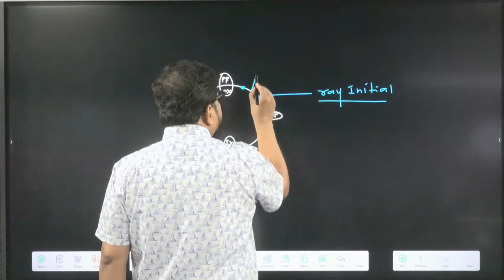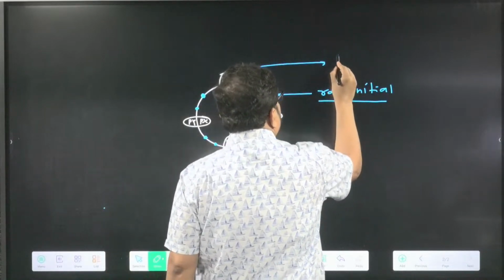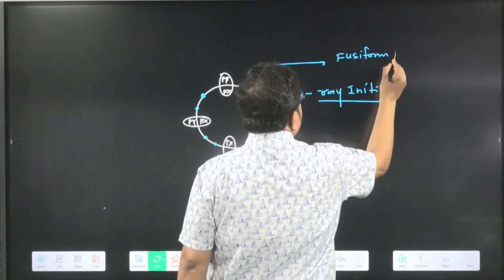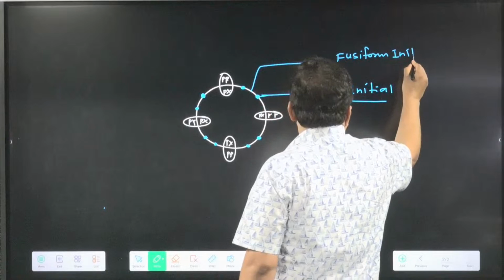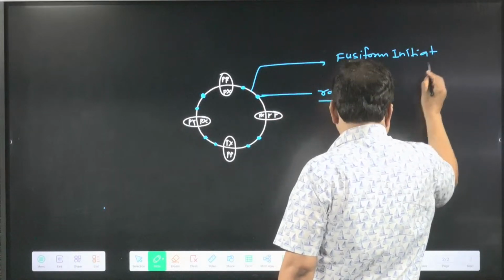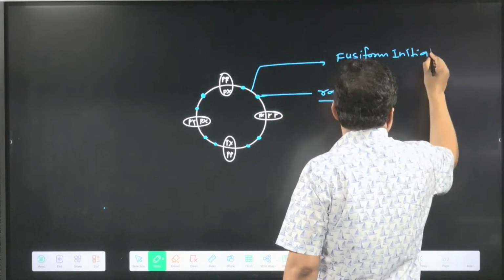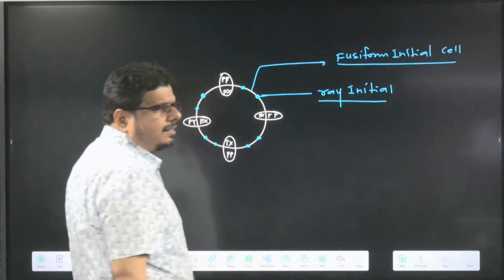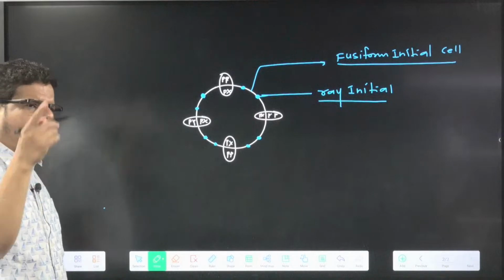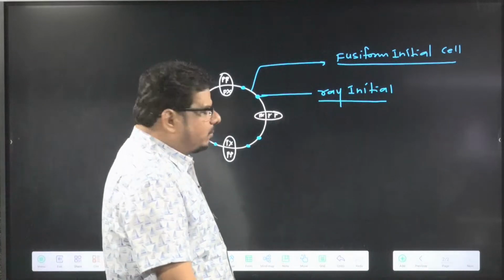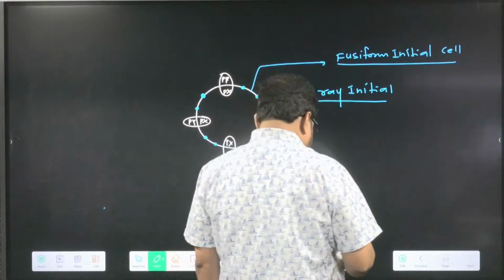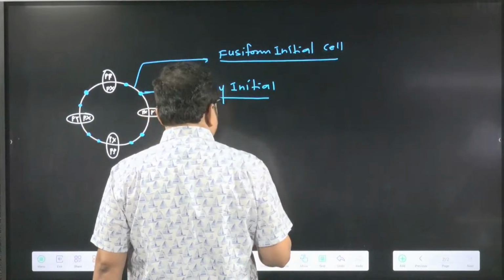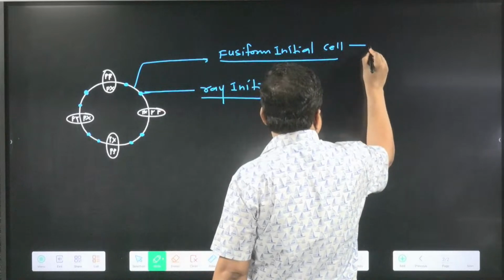Another cell present in the vascular cambium ring is called the fusiform initial cell. So the vascular cambium ring is overall made up of two types of cells. One is the ray initial cell, another is called the fusiform initial cell.